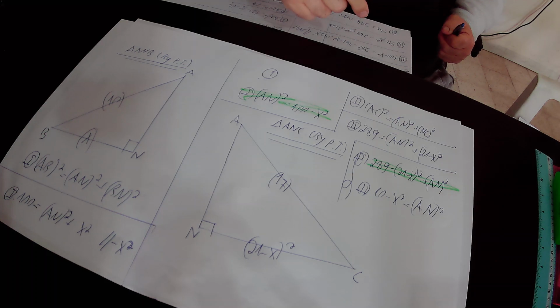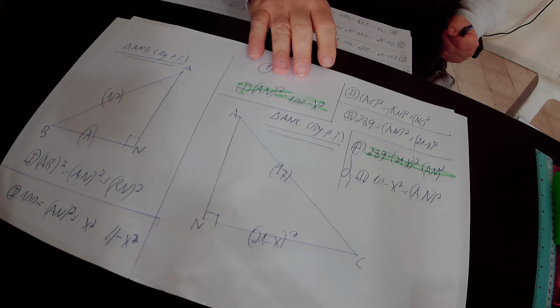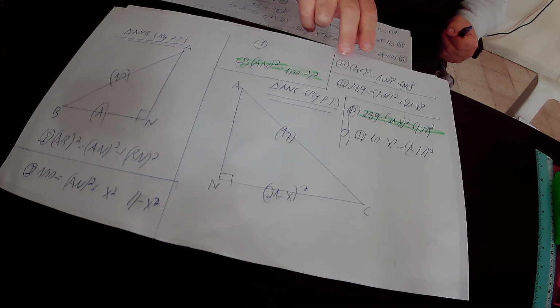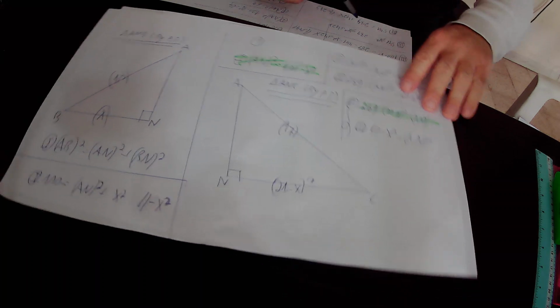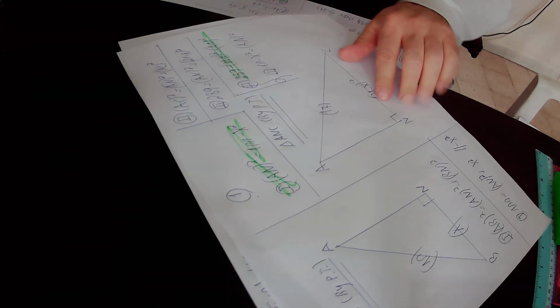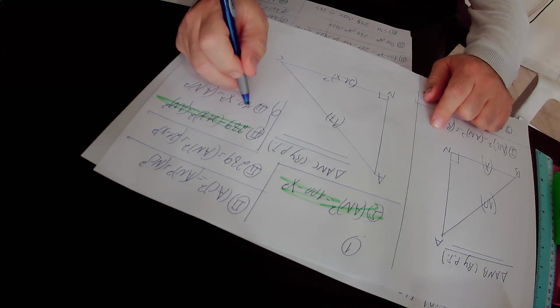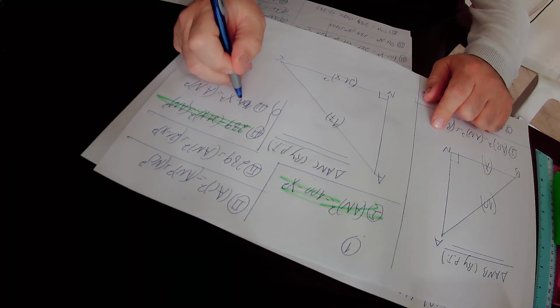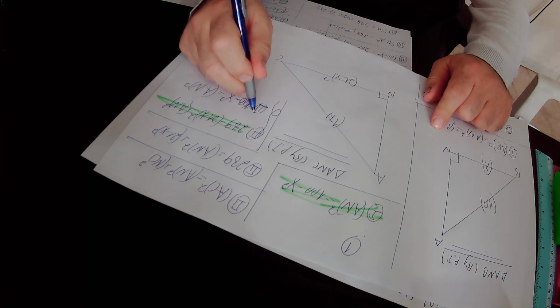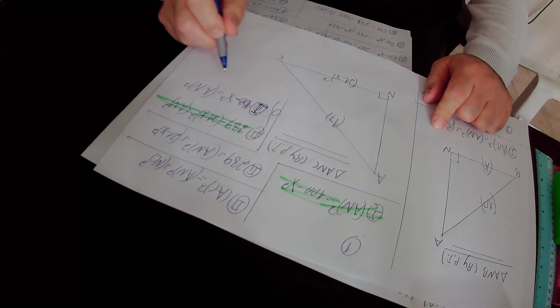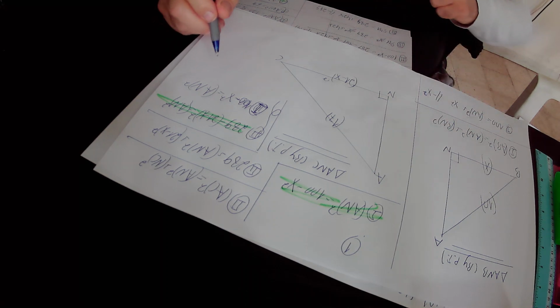This is according to equation 2, while according to equation 1, we've already found that 100 minus x squared equals AN squared.